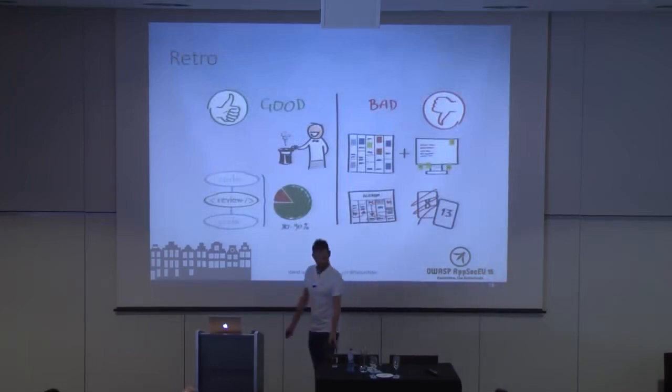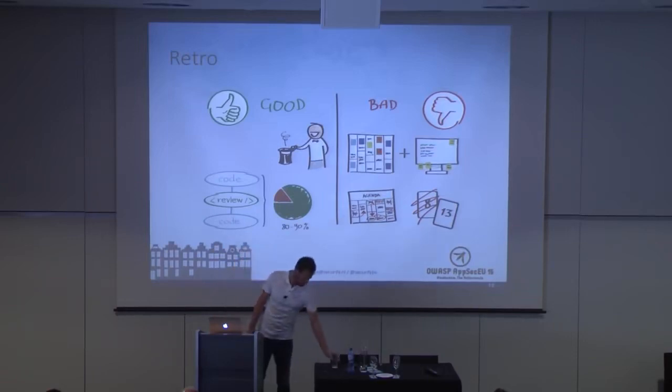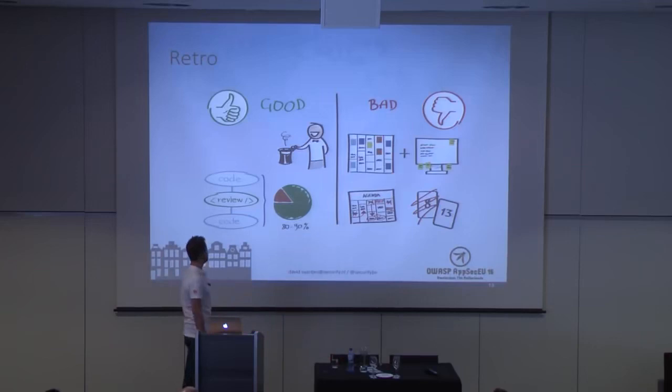So let's do a quick retro: where we are, what's good, and why we need some improvement. One of the good things was that we were able to do 80 to 90% of the final review already during the sprints.